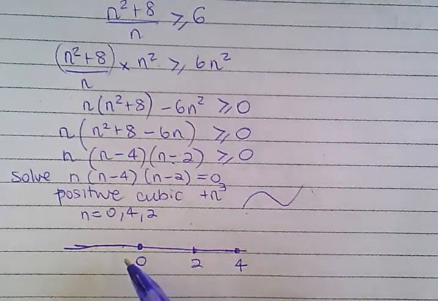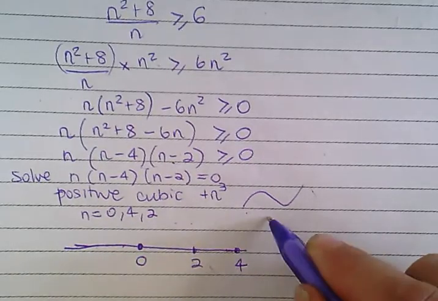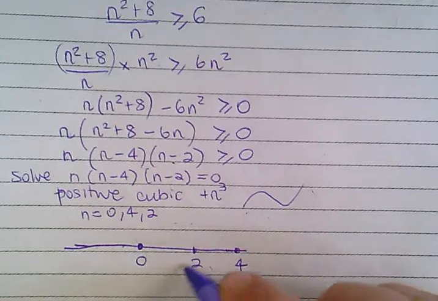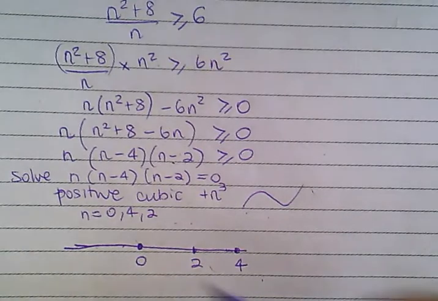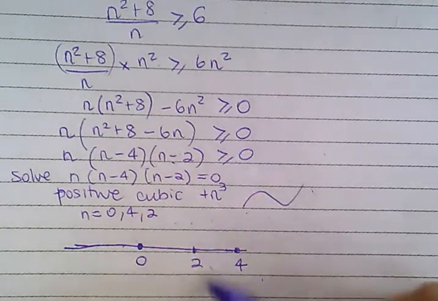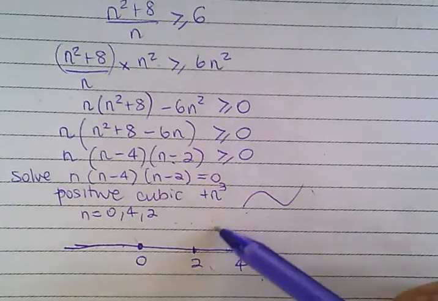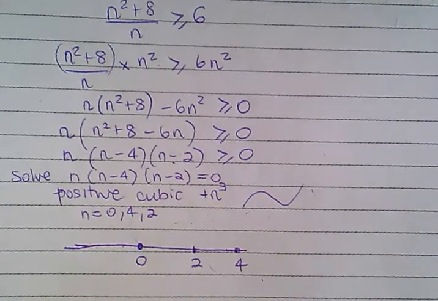I don't know if it starts down here or up there, but I know my curve has to cut through 0, 2, and 4. My cubic goes this way or the other way. Let's say I don't know which way it goes.